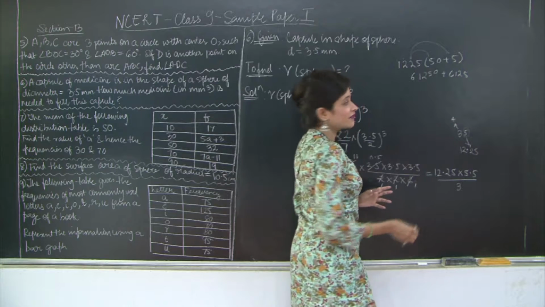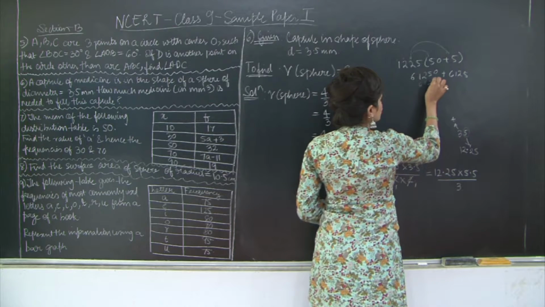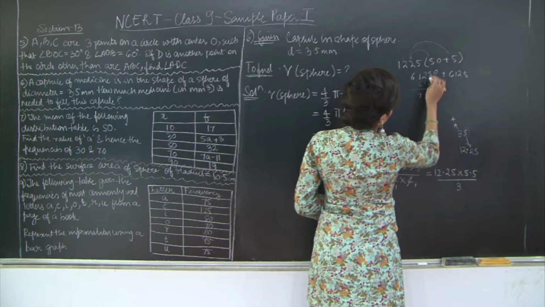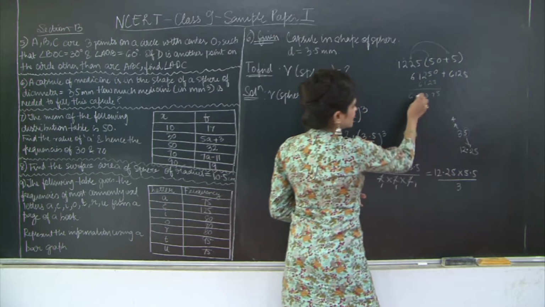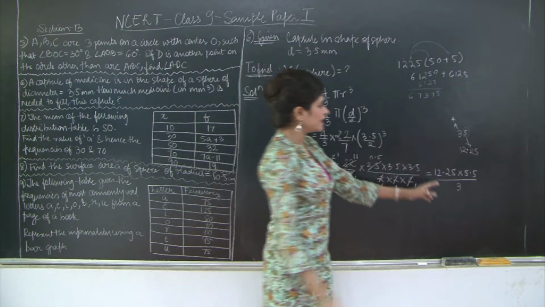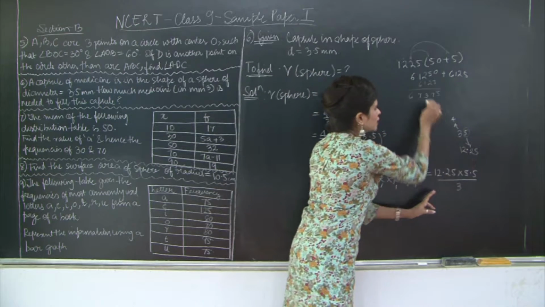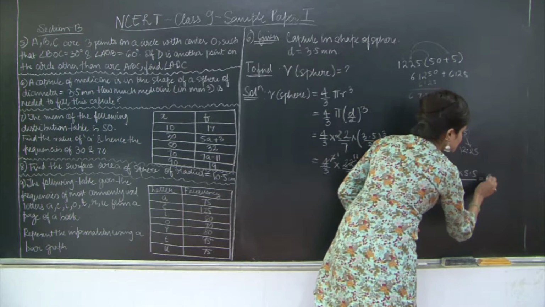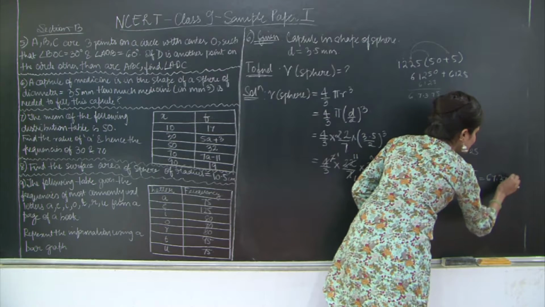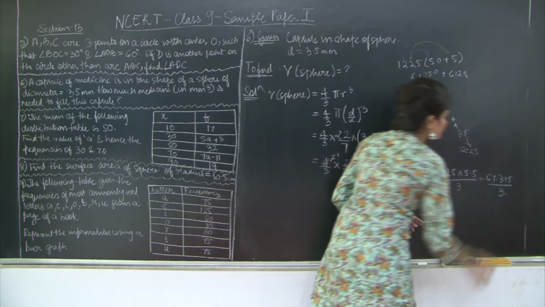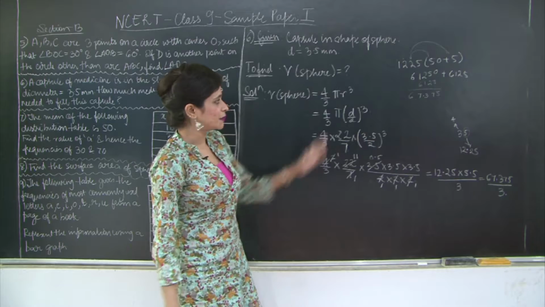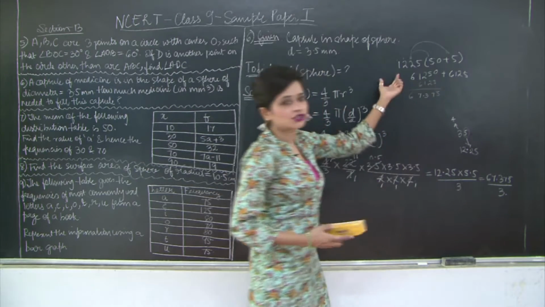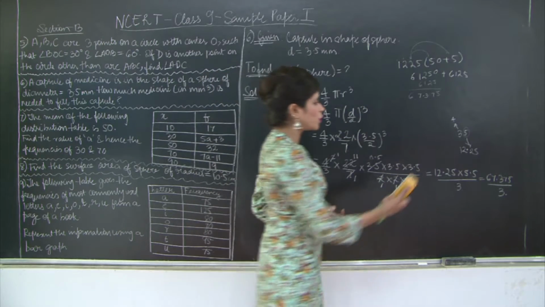So 61250 plus 6125 gives 67375, and how many decimal places do I have? 1, 2 and 3. So it will be 67.375. So 67.375 divided by 3. Now we need to do the division. Please take a note of the calculation, or you can calculate as you like. I usually prefer the distributive law for multiplication. It makes my work very easy.